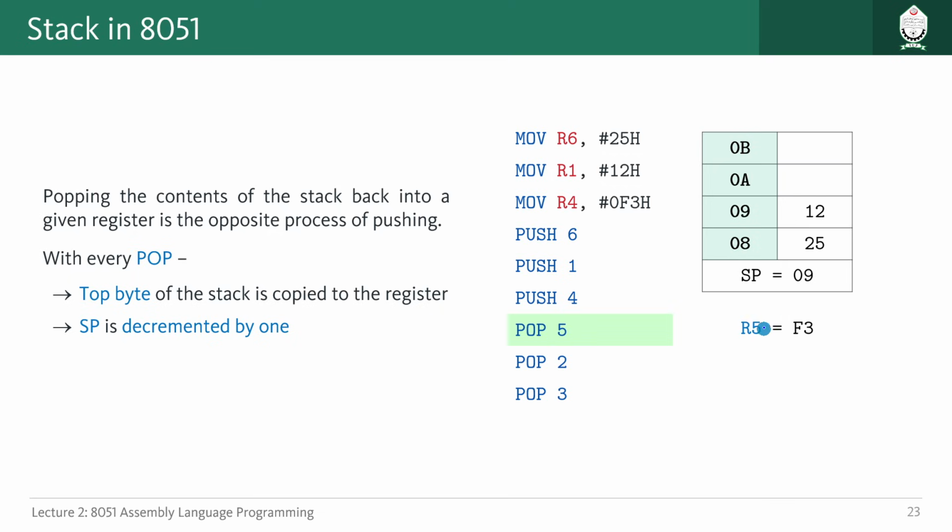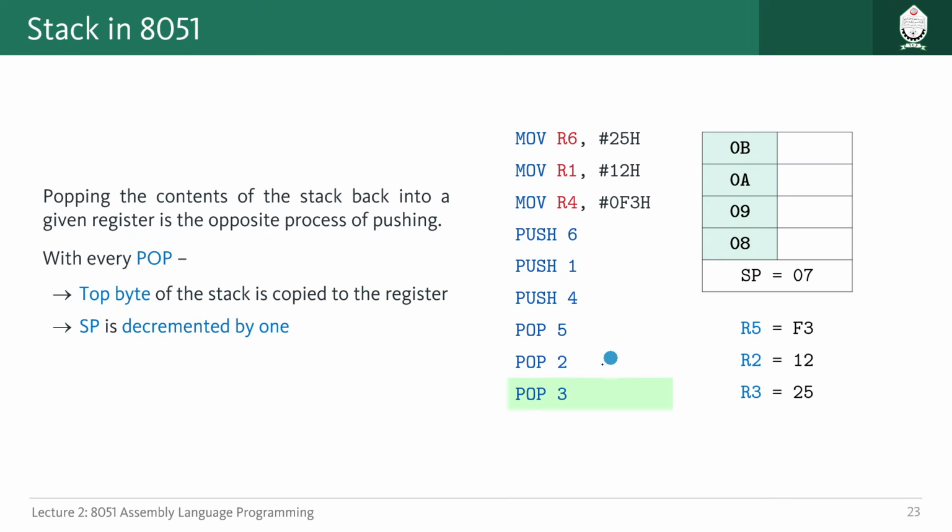So R5 now has the value F3, and our stack pointer has decremented by 1. Previously it was 0A, now it is 09. Now if I go to the next line, after execution, the value we had here, 12, is now stored onto R2 because of pop 2, and our SP has decremented by 1.